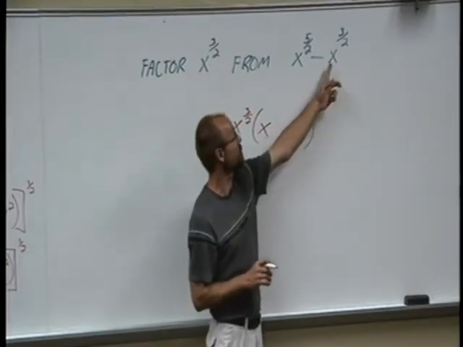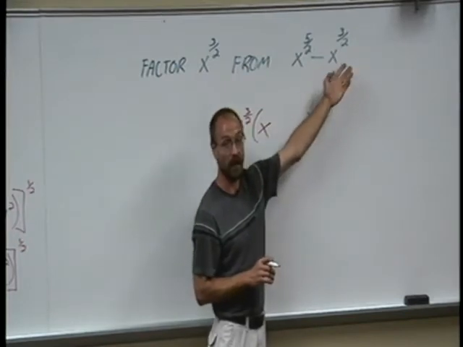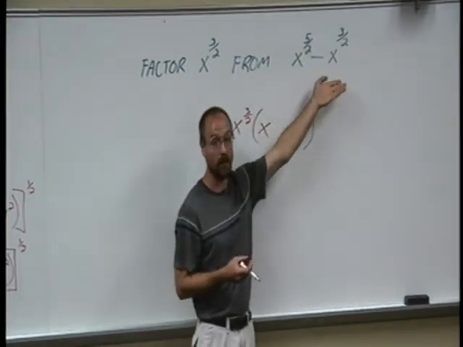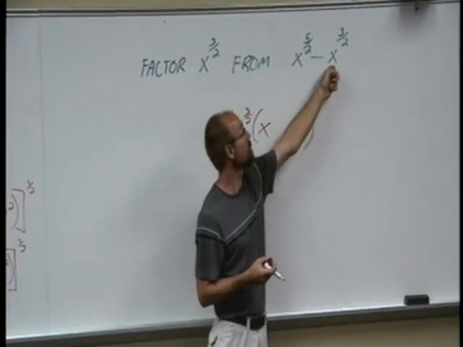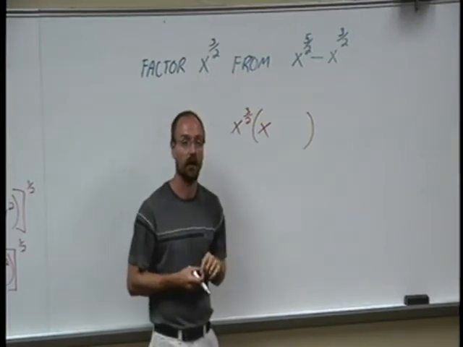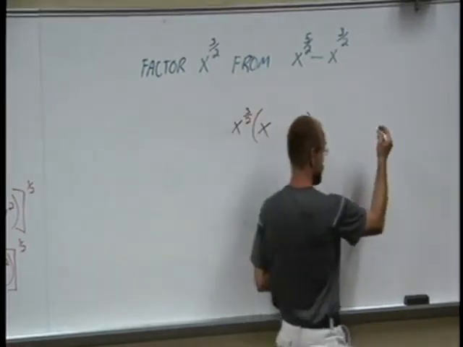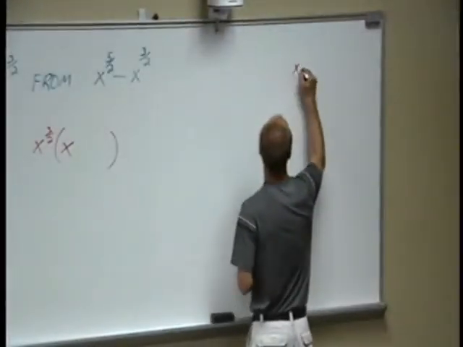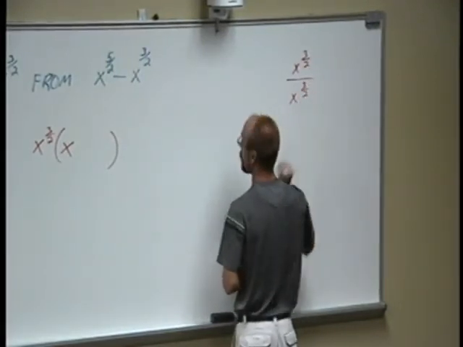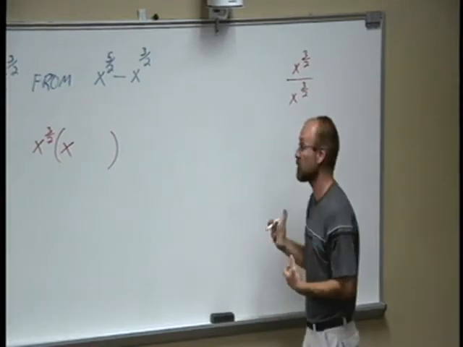And then this minus x to the 3/2, if I'm factoring out x to the 3/2, dividing out x to the 3/2, well, what's x to the 3/2 power divided by x to the 3/2 power? This is where our quotient rule and our zero exponent rule actually apply at the same time.